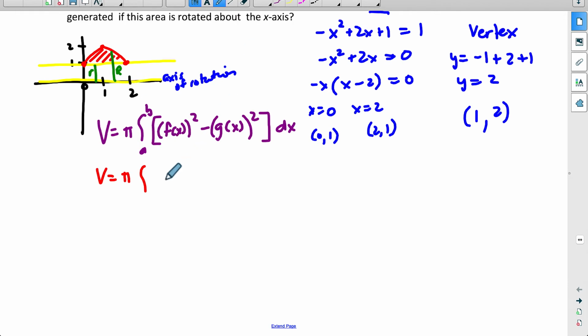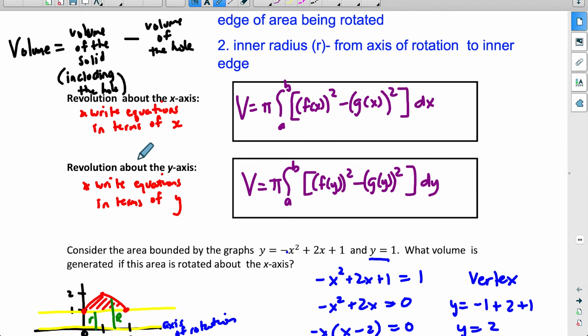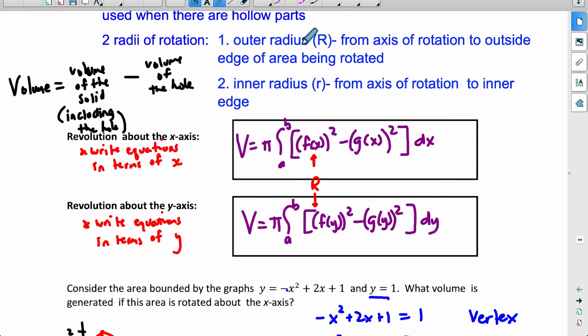So those are our lower and upper bounds, 0 and 2. By the way, I'm just going to add something here. These f functions here, these are the r value, right? That's the function that represents that outer radius, capital R, and the g functions, these are the small r.